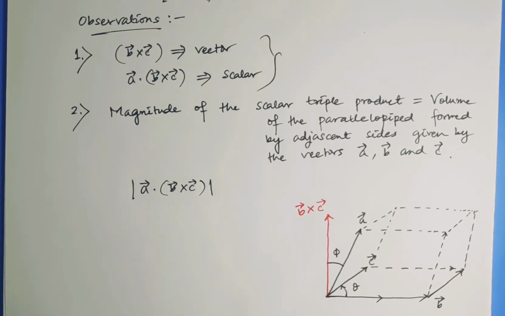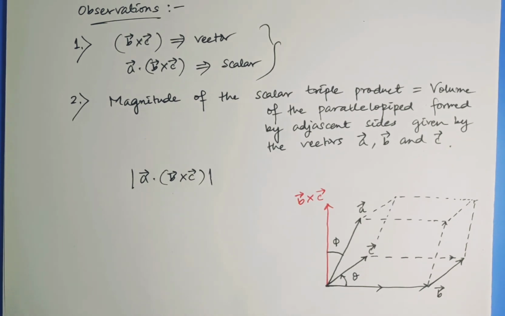Now what is the formula for the volume? We have to derive it, right? So let's do the derivation of the volume. First of all, suppose, what is the volume of a cuboid?